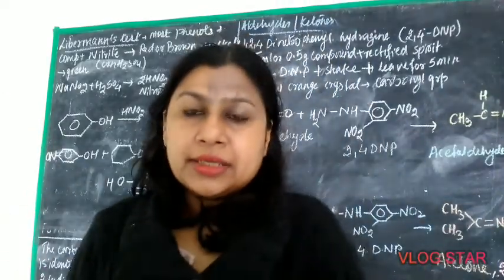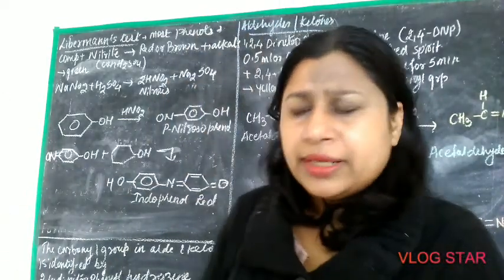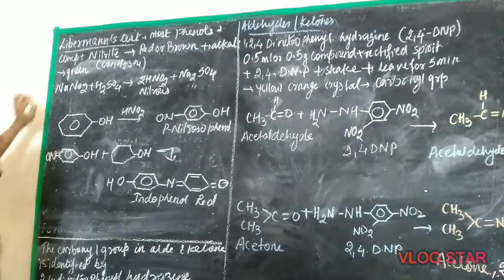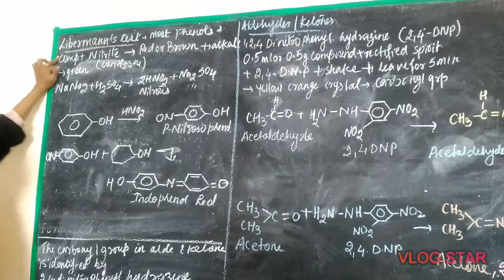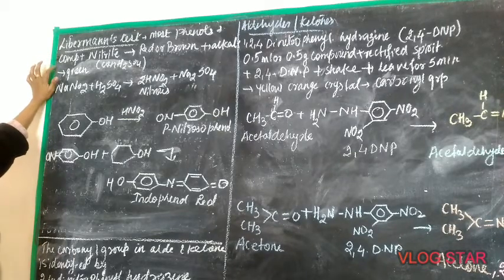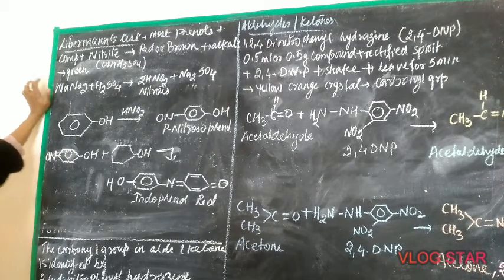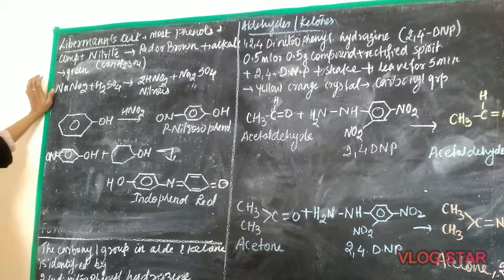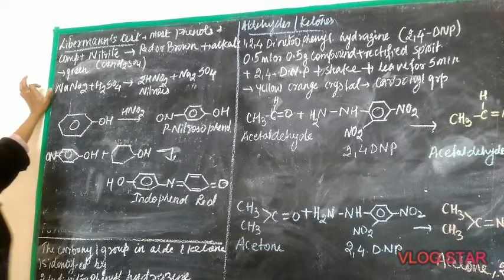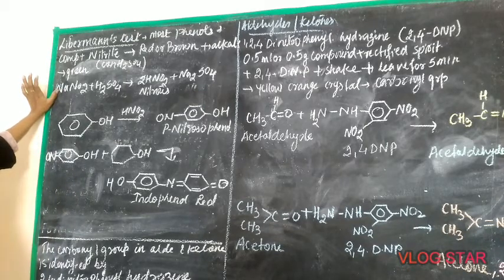Now children, the next test is the Liebermann test. This is an important test because indophenol dyes, which are red in color, are formed here. Most phenols give the Liebermann test. If you take a compound and add nitrite in concentrated H2SO4, and red or brown coloration is produced, that means phenols are present.